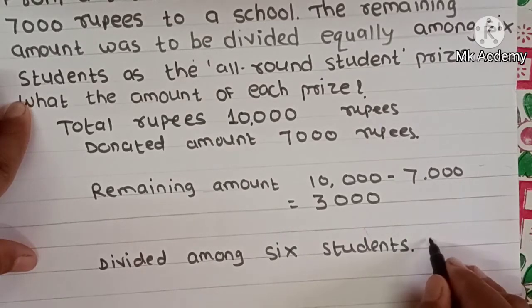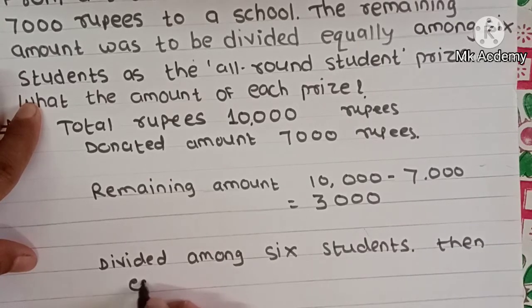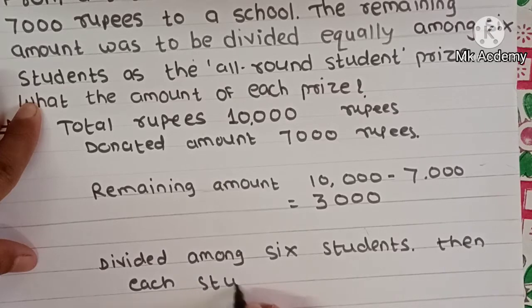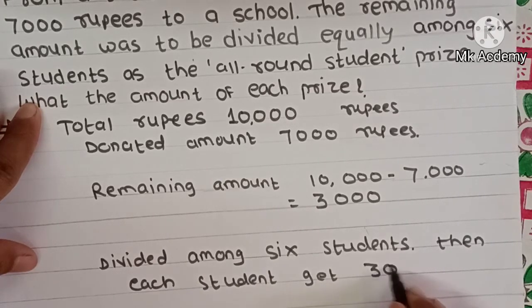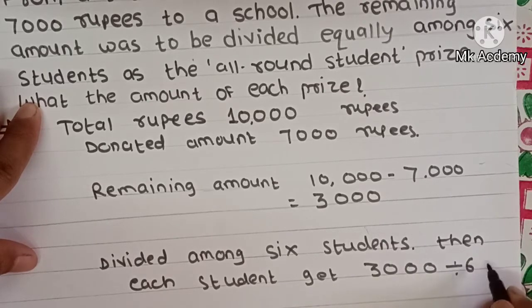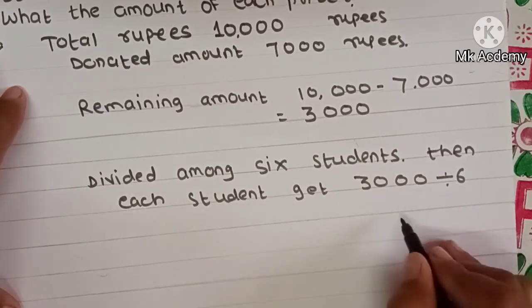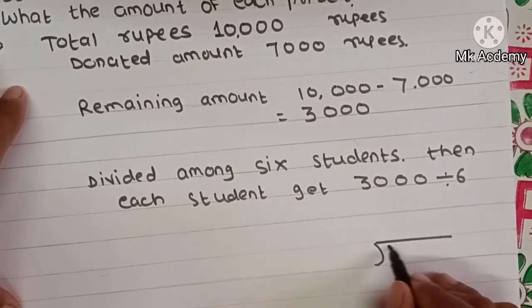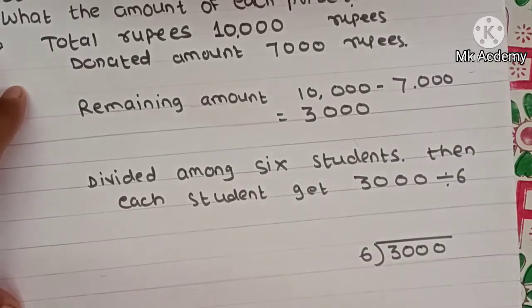Now each student gets 3,000 divided by 6, and here we do division. 3,000 divided by 6. Now first check one digit number. 3 is smaller than 6, then take 30.